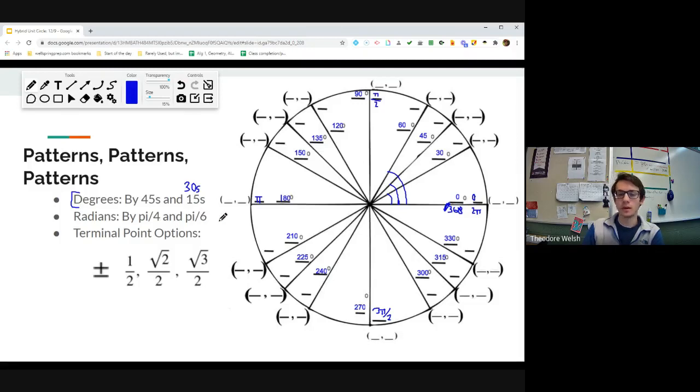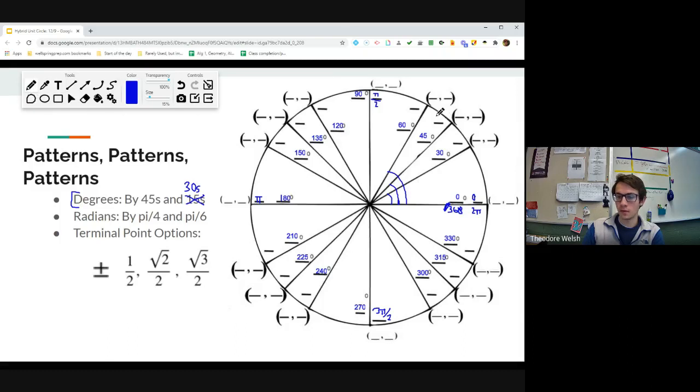If we think in terms of 45s and 30s, like we did in degrees, the equivalent in radians, if I were to convert to radians, would be pi over 4 and pi over 6. So in the same way that we added 45 to get to each of those middle angles, to those same angles in radians, we can just add pi over 4.